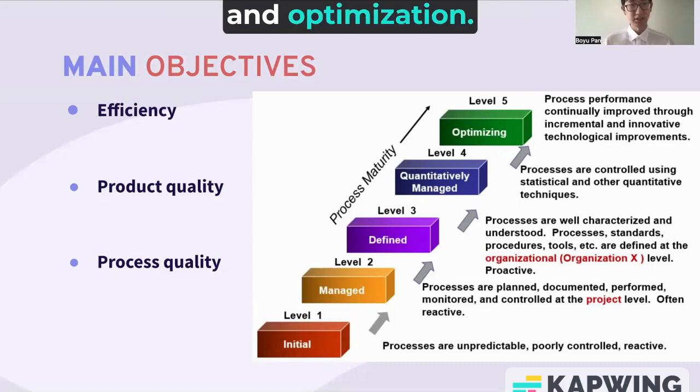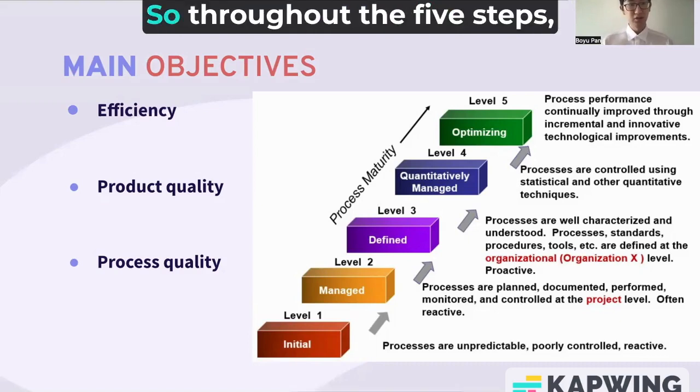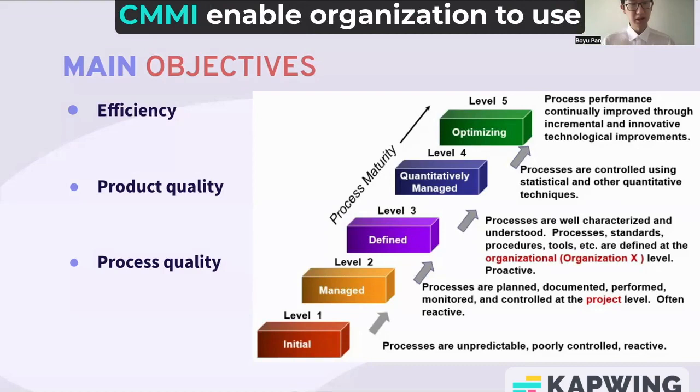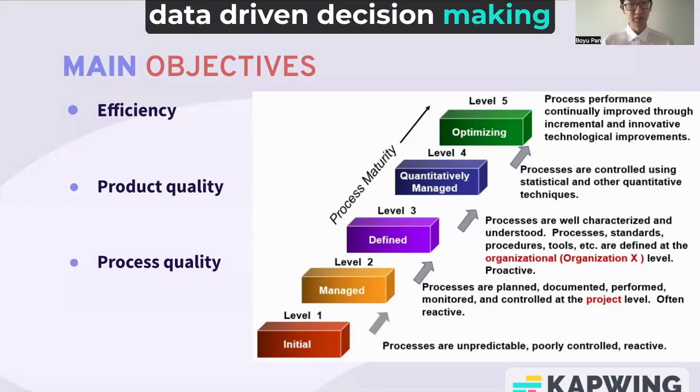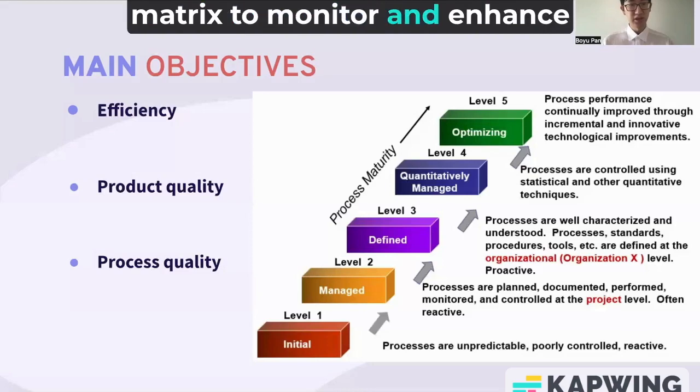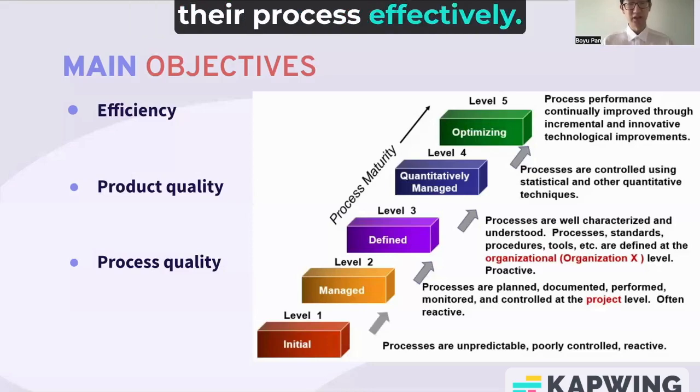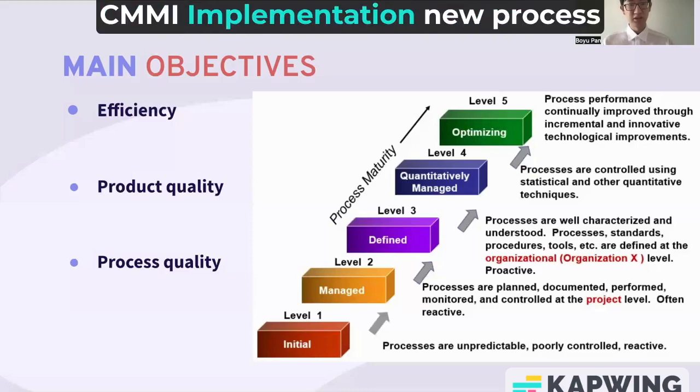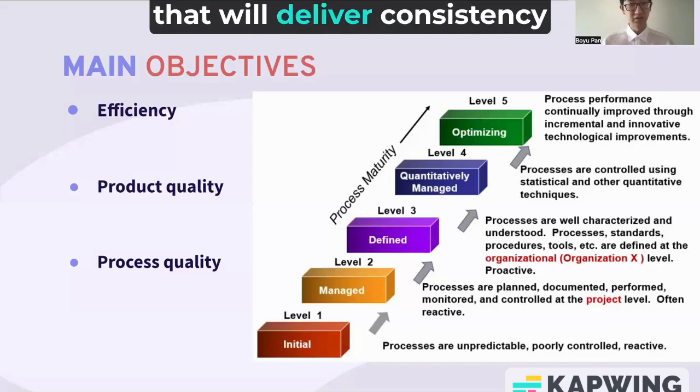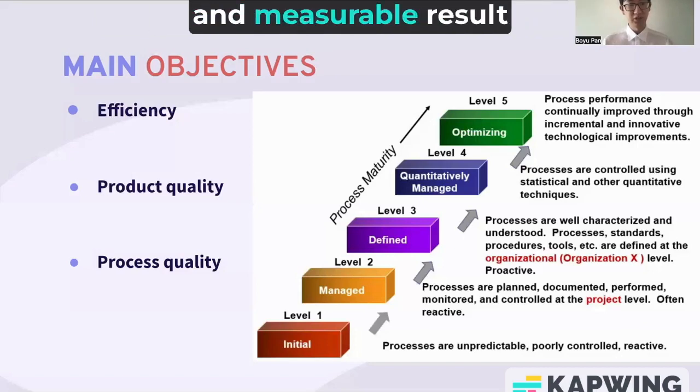and optimization. So throughout the 5 steps, CMMI enable organization to use data-driven decision-making matrix to monitor and enhance their process effectively. CMMI implementation new process that will deliver consistency and measurable result to achieve success.